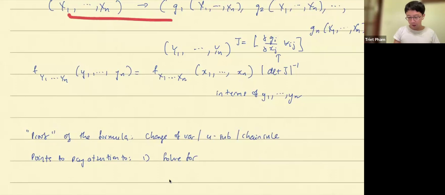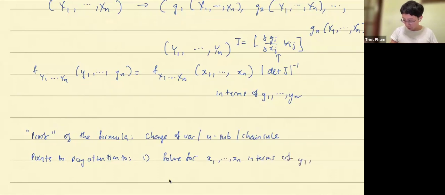Sometimes you go xy to uv, x1, x2 to y1, y2, whatever. So you have to solve for x1, ..., xn in terms of the new variables. This will almost always be there. Maybe you don't have to solve it completely.